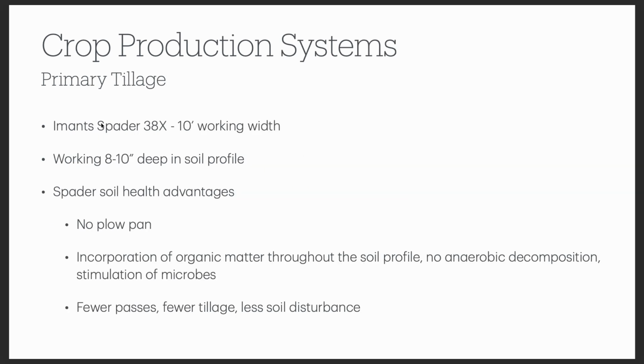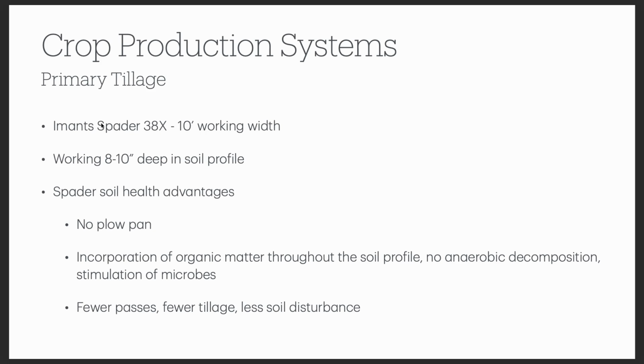We use a primary tillage tool called an articulating spader. A spader is considered a conservation tillage tool. Are people familiar with articulating spaders? Okay, very cool. It looks in some ways like a rototiller, but it functions a little bit differently. It has big spades on it, which bite into the soil profile, shattering it and moving it backwards.